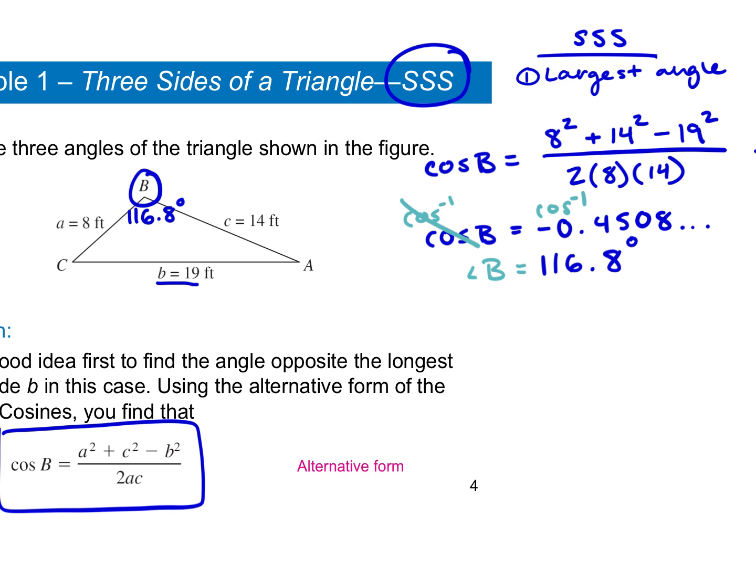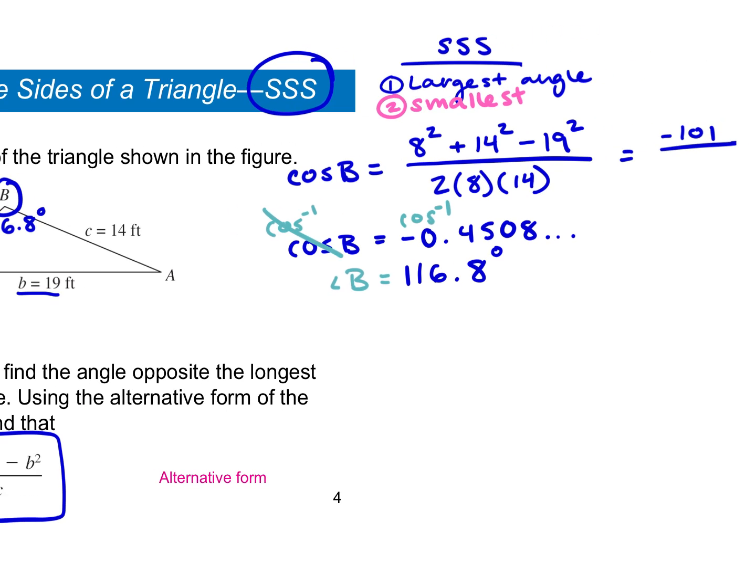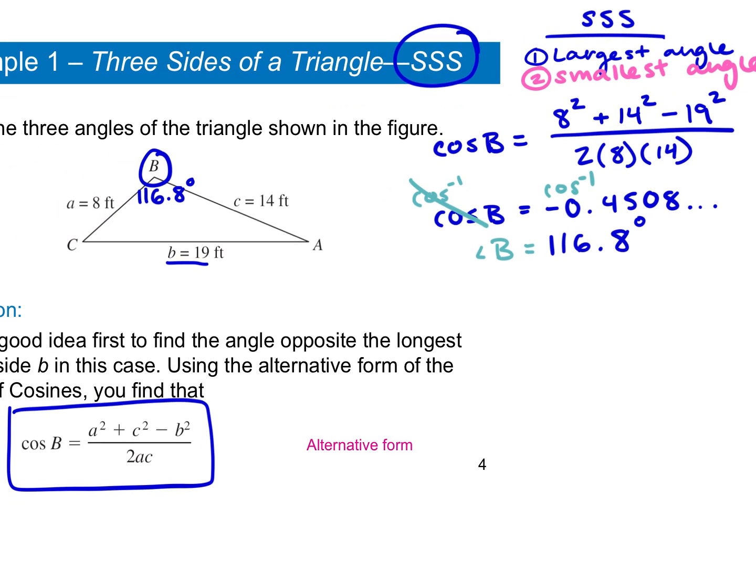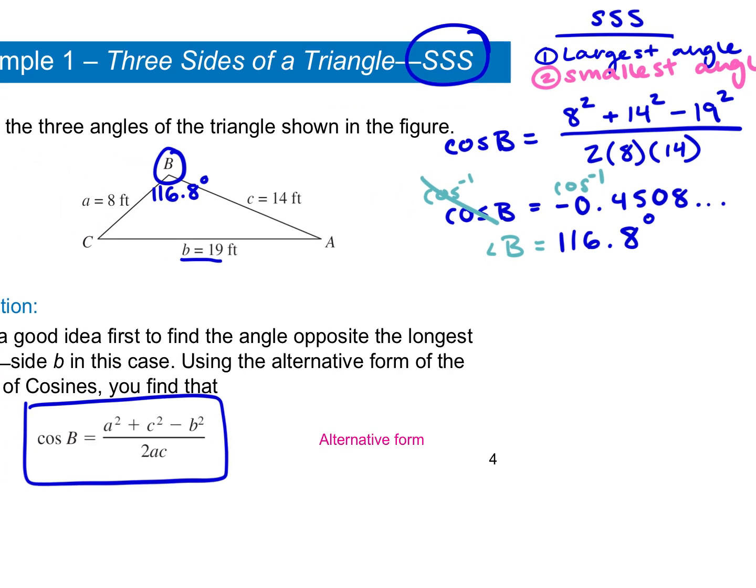Now, the second thing that we need to find is going to be the smallest angle. So step 2 is we want to find the smallest angle next. So what would our smallest angle be? A is going to be our smallest angle.